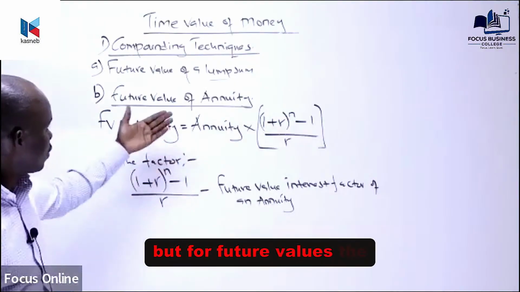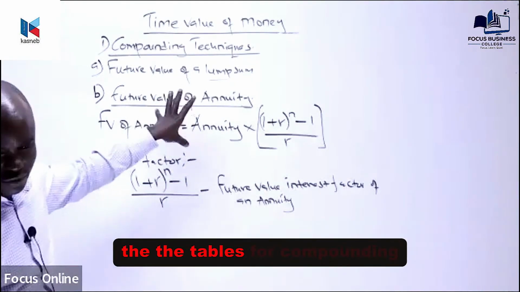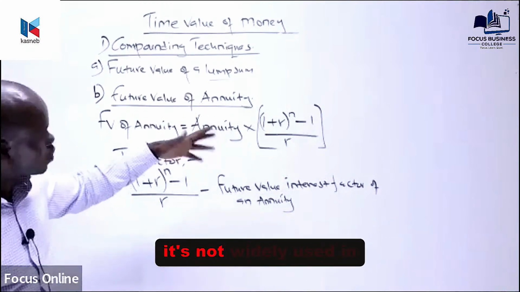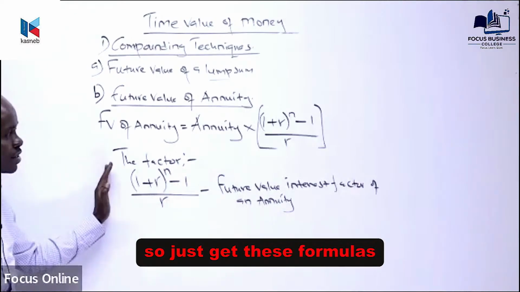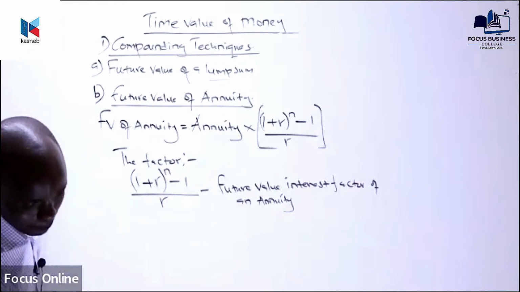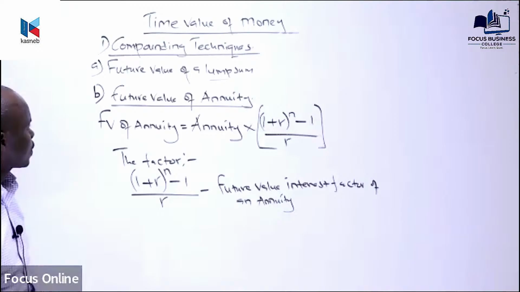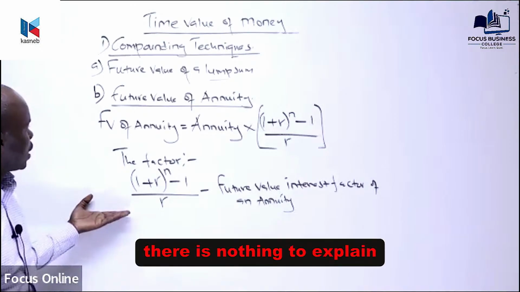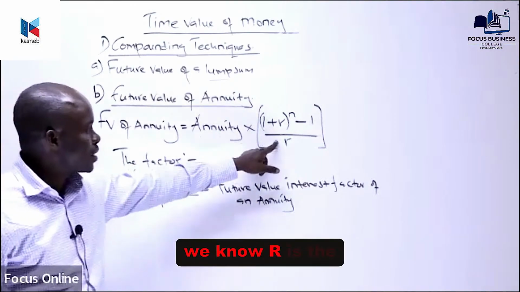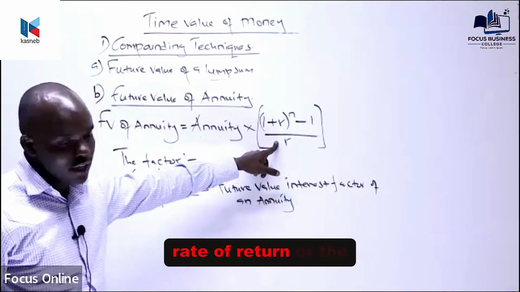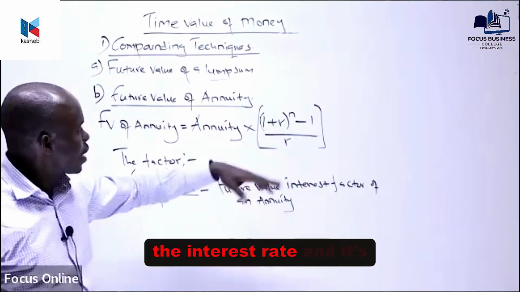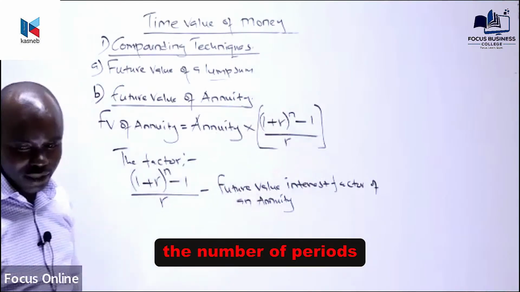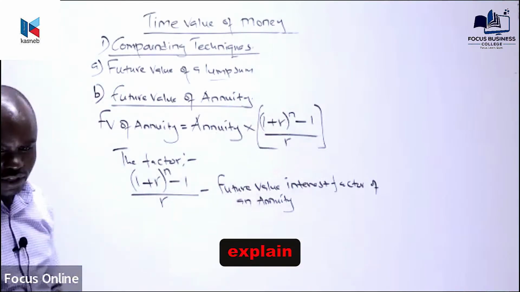But for future values, the tables for compounding are not widely used in financial management. So just get these formulas right. Any question here? There is nothing to explain. We know R is the rate of return or the interest rate. N is the number of periods.